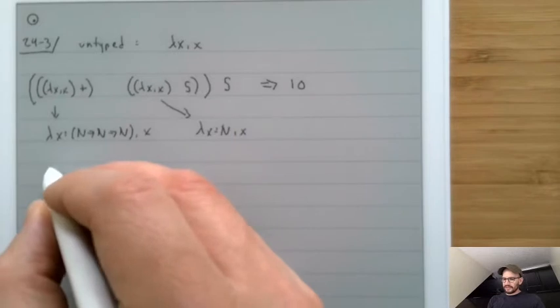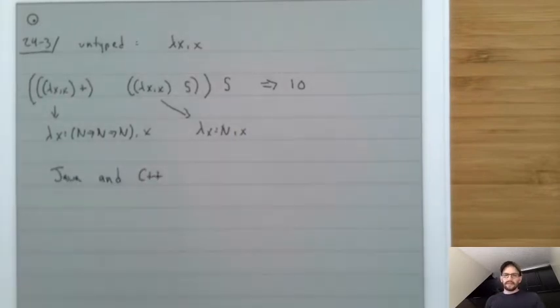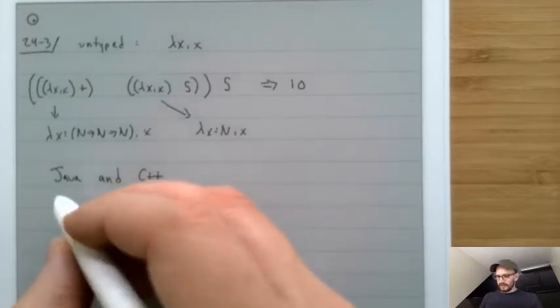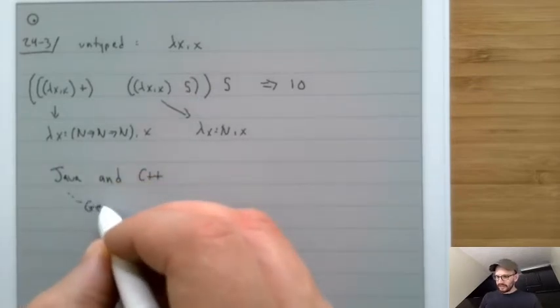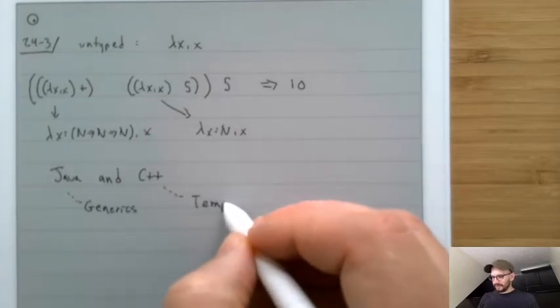Now, in languages like Java and C++, there are features that allow us to avoid this. For instance, Java has generics, and C++ has templates.